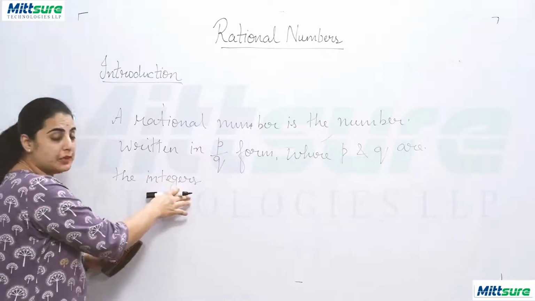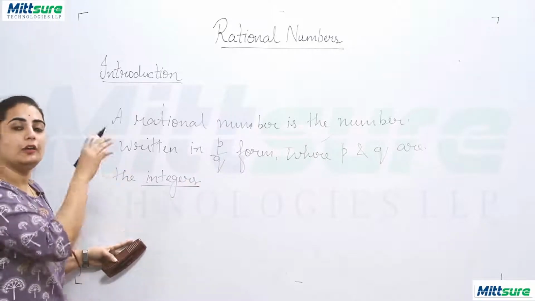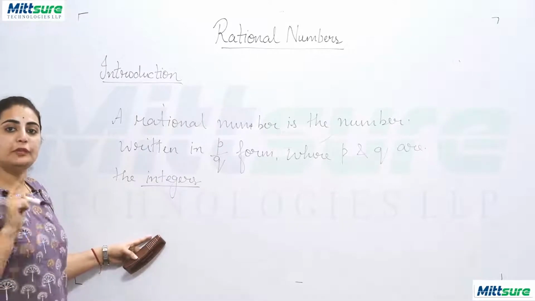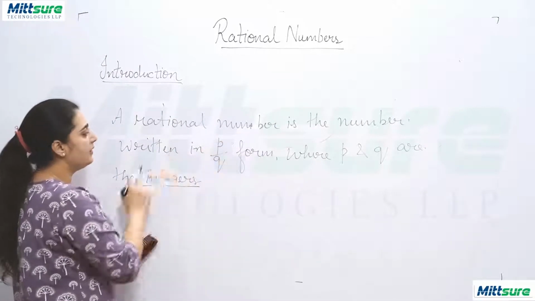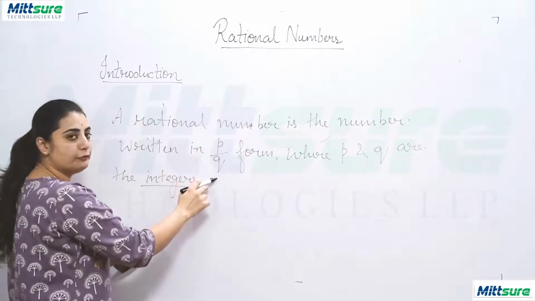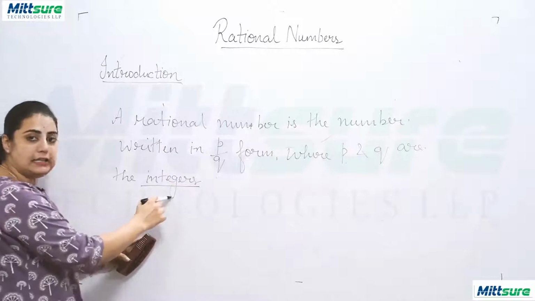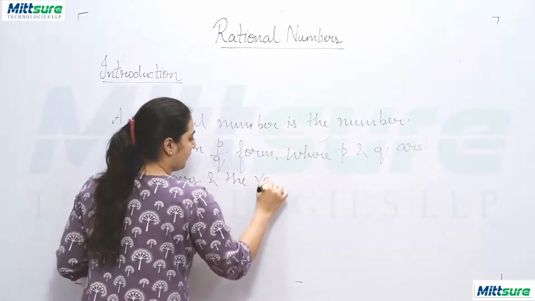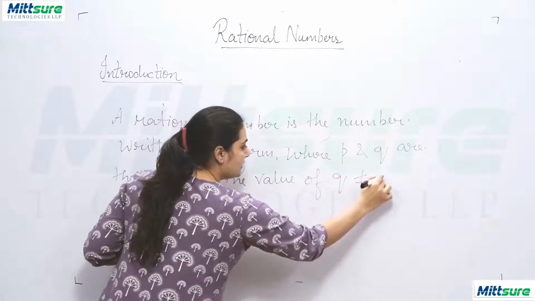Now here, which term are we using? Integers. This is the difference between a normal fraction and a rational number, which you have to keep in mind. So, a rational number is a number written in P upon Q form, where P and Q are integers and the value of Q should not be 0.